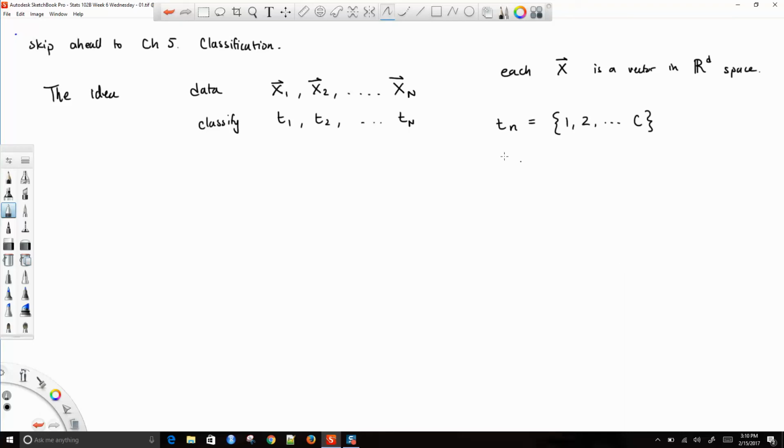Okay, so basically, t sub n is an element from 1, 2 through C, representing a class.